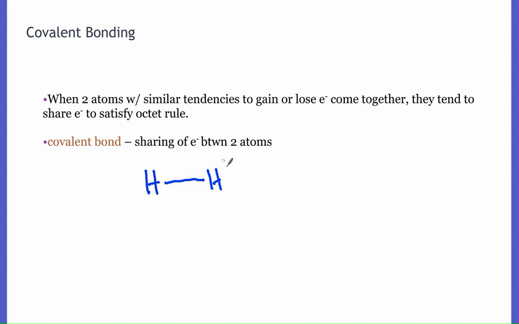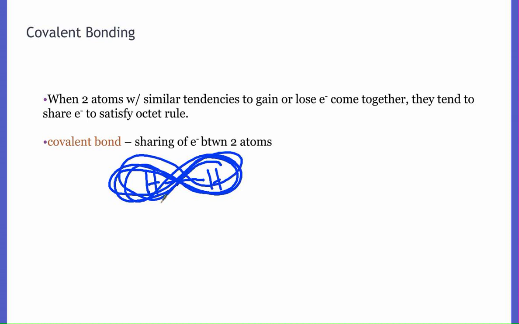I like to visualize covalent bonds as being a shared pair of electrons that are orbiting those two atoms in some kind of elliptical fashion like this, right?